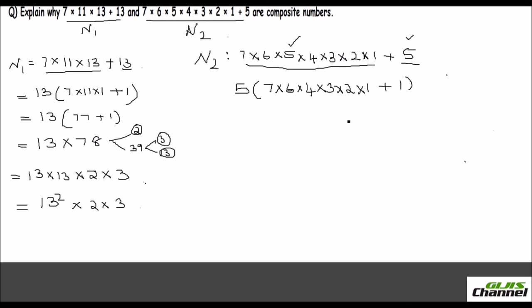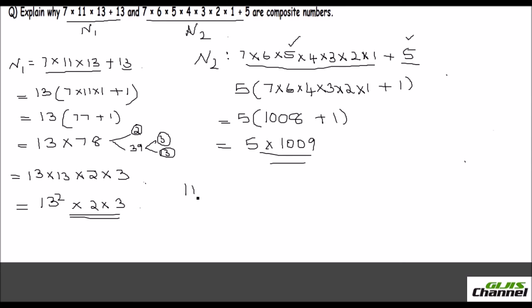So that's 5 times the product of all this, 1008, plus 1 here, so that is going to be 5 times 1009. 1009 itself is a prime number and 5 is also a prime number. So here the results are all products of prime numbers, right? So you can say hence they are composite numbers.